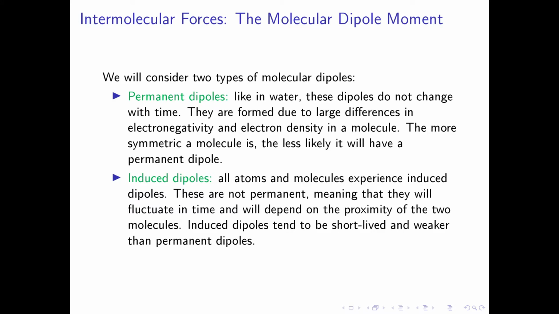The second type are induced dipoles. All atoms and molecules experience induced dipoles. These are not permanent, meaning that they will fluctuate in time and will depend on the proximity of the two molecules. Induced dipoles tend to be short-lived and weaker than permanent dipoles.